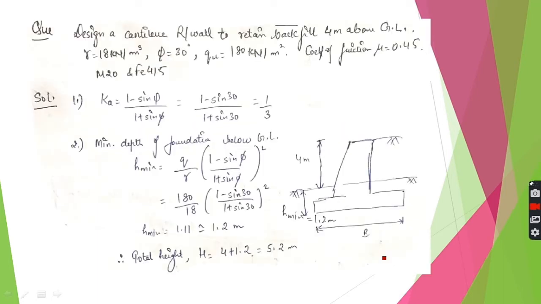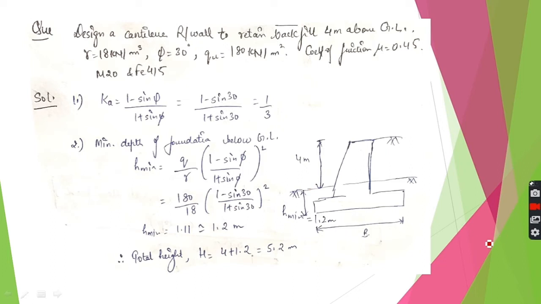So here we have been given a cantilever retaining wall which has to retain a backfill of 4 meter height above the ground surface with soil properties gamma, phi and soil bearing capacity as given in the question. Coefficient of friction is also given, and the grade of steel and concrete to be used are also specified.